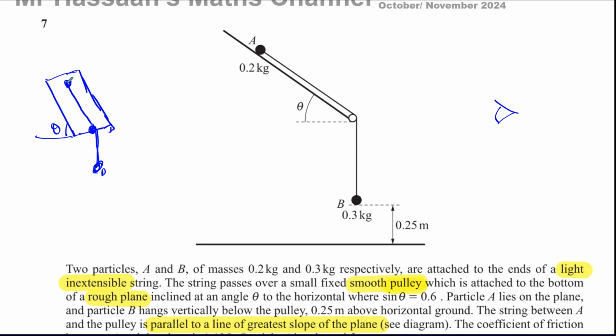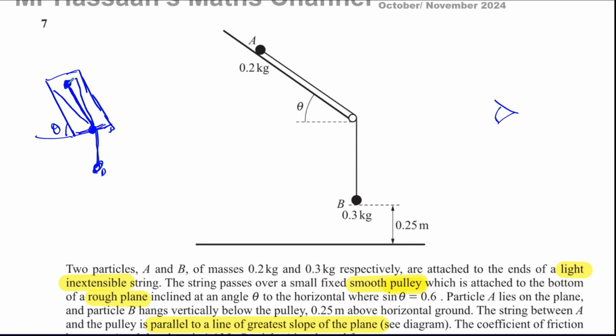So what it's saying is that this string, with the object attached to it going down to the pulley, is parallel to the greatest slope. So it's not at an angle like this or at an angle like that. That distance is the smallest distance between that point and the bottom of the ramp.